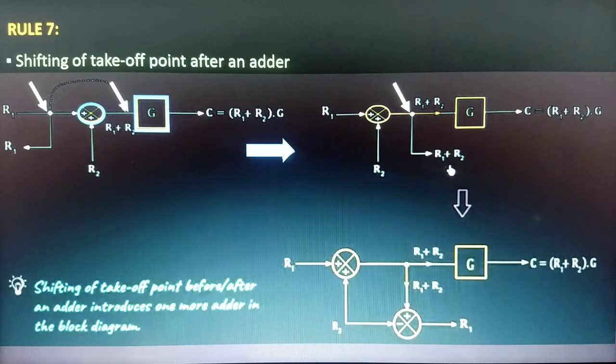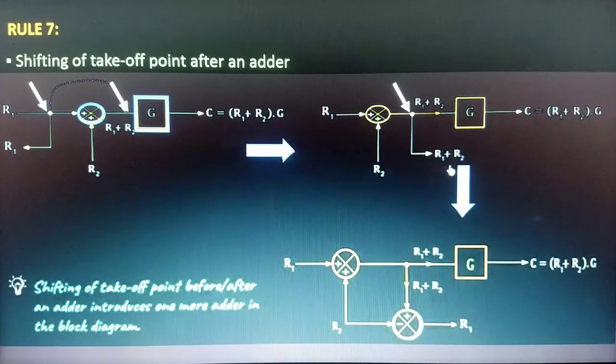But we all know that the output of the takeoff point must be constant before and after shifting, so we need this output equal to R1. For that sake, we need to subtract R2 from this output, and for that sake, we need one more adder. So let's discuss this block diagram representation one more time, in which we have the takeoff point after the adder. The output of this takeoff point is of course R1 plus R2, and now our target is to make this equal to R1.